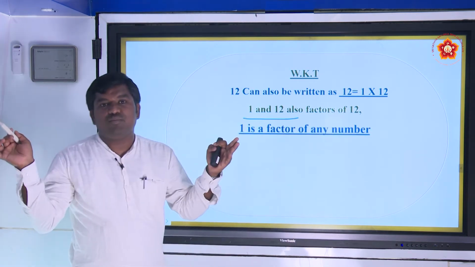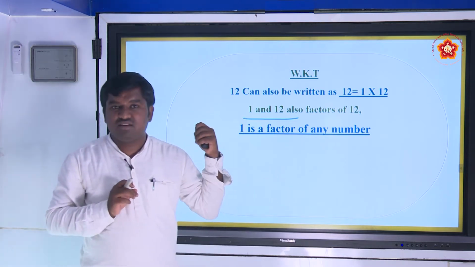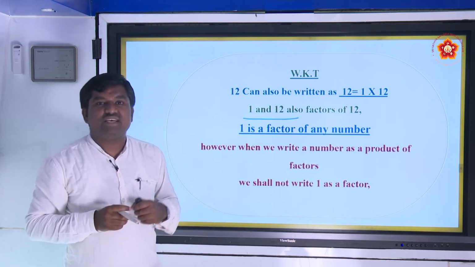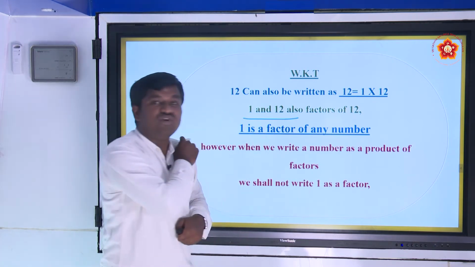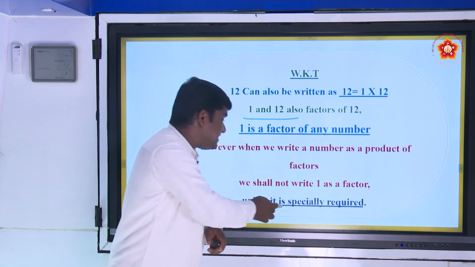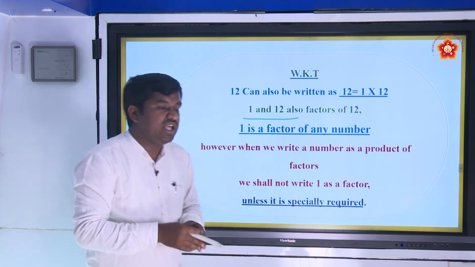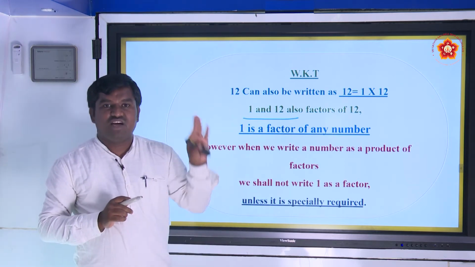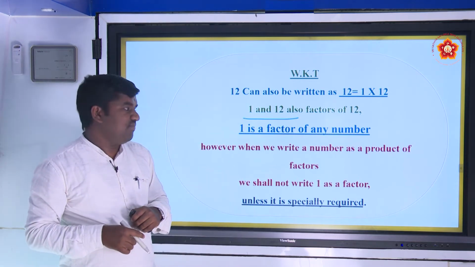You can take any number, that number must and should have the factor 1. However, when we write a number as a product of factors, we shall not write 1 as a factor unless it is specially required. If it is specially required, then only we write 1 as a factor of that number. Otherwise, we shall not write 1 as a factor.